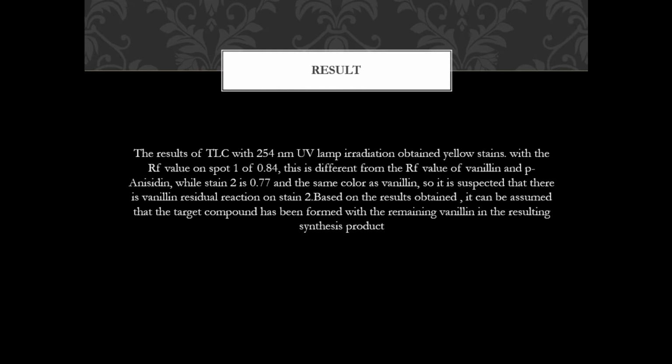This is different from the Rf value of vanillin and p-Anisidine, where stain 2 is 0.77 and the same color as vanillin, so it is suspected that there is residual vanillin on stain 2. Based on the result obtained, it can be assumed that the target compound has been formed, with remaining vanillin in the resulting synthesis product.